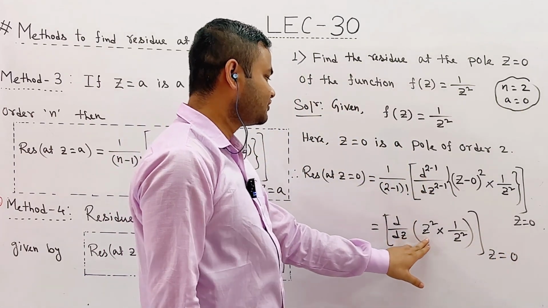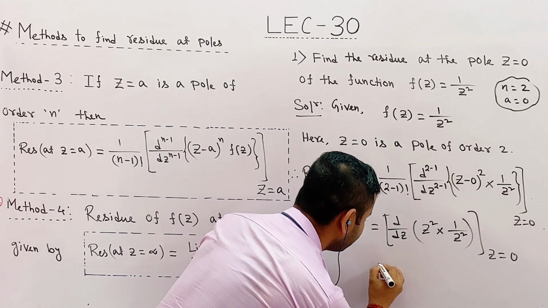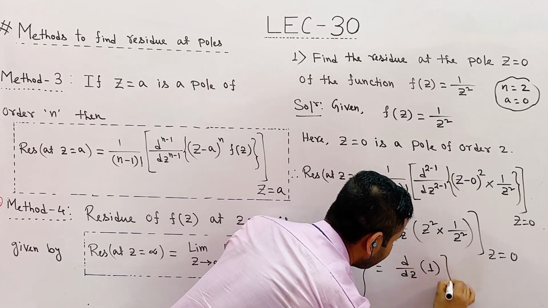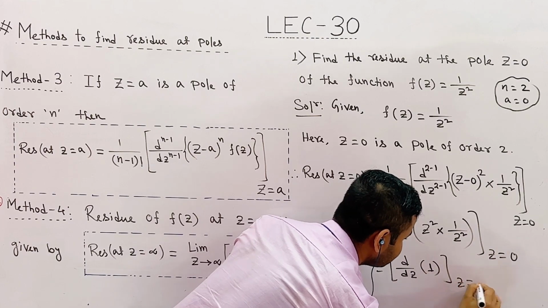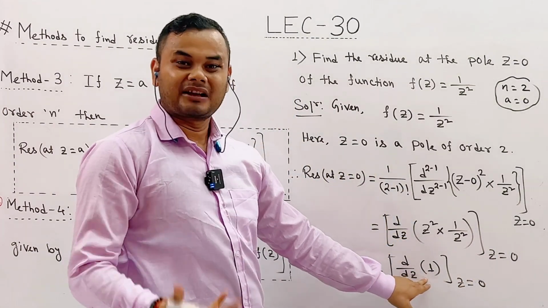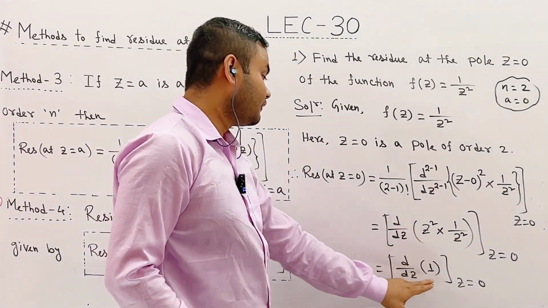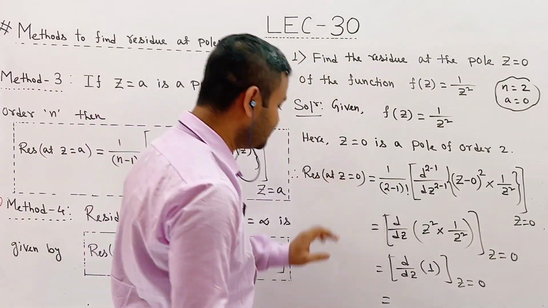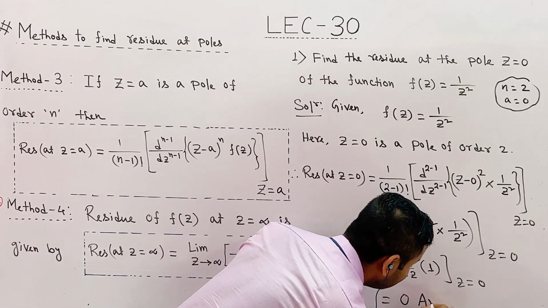We know z square into 1 by z square value is 1. So, d by dz of 1 at z equal to 0. 1 is a constant term. So, d by dz of 1 is 0. So, finally, we will get residue at z equal to 0 as 0. So, this is the answer.